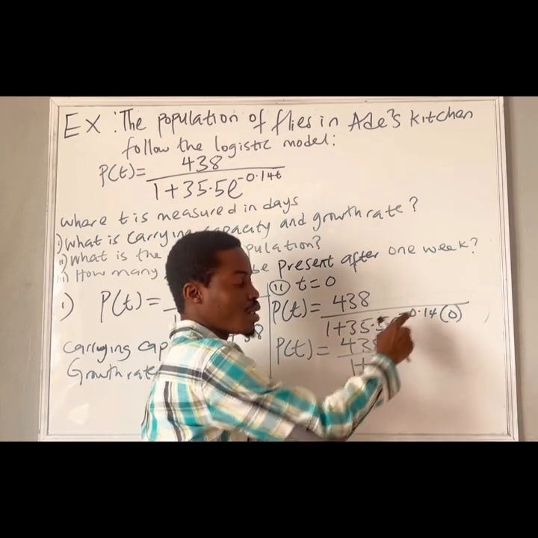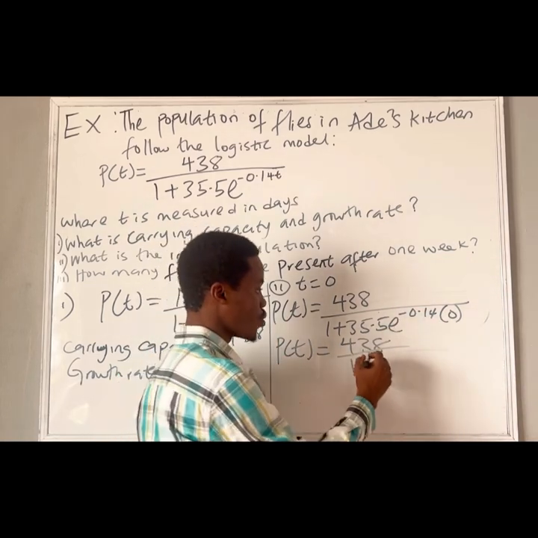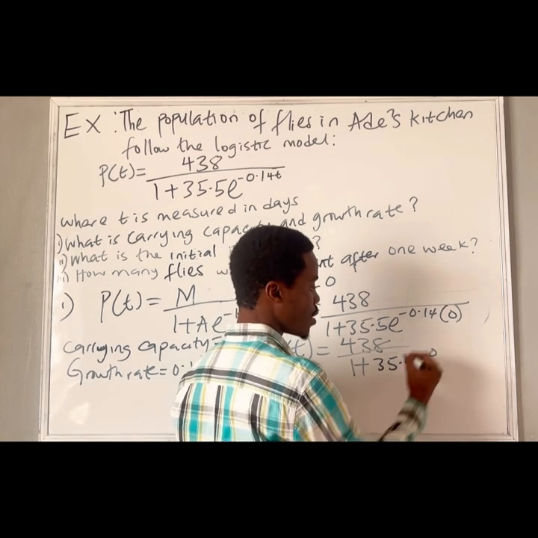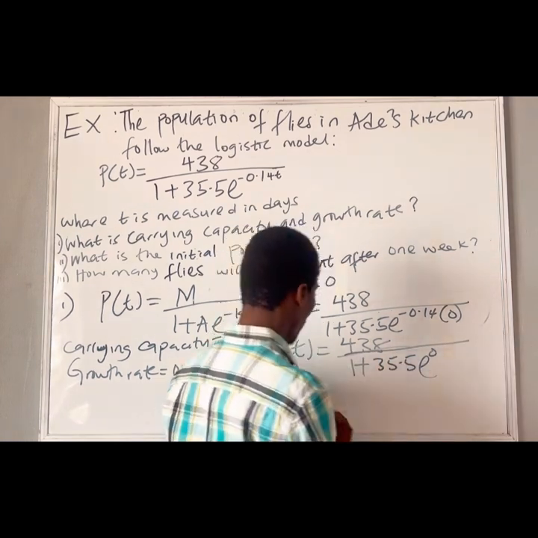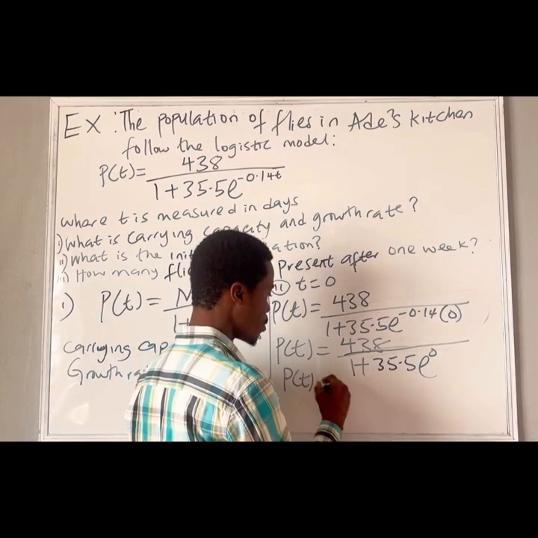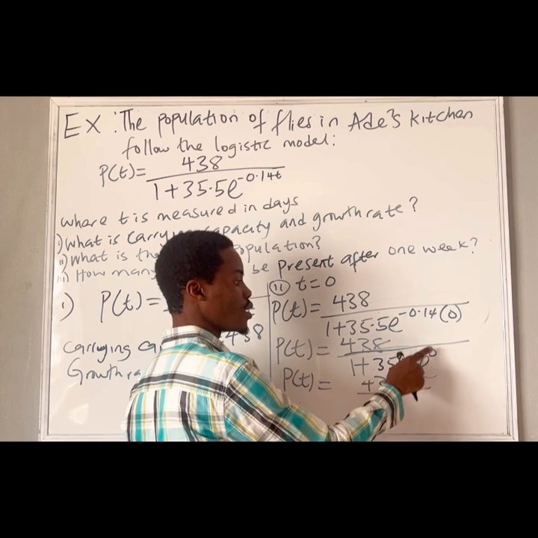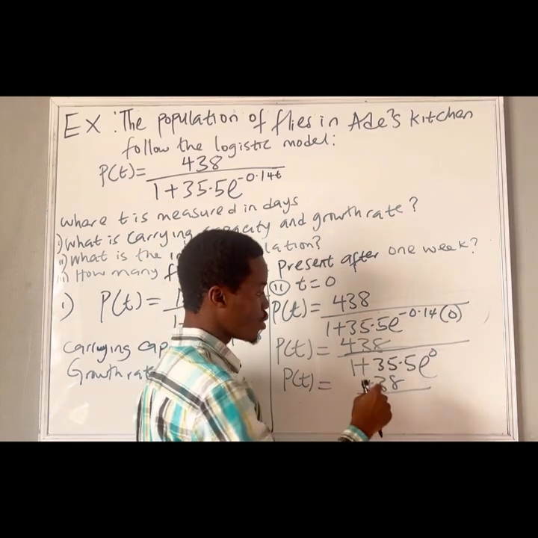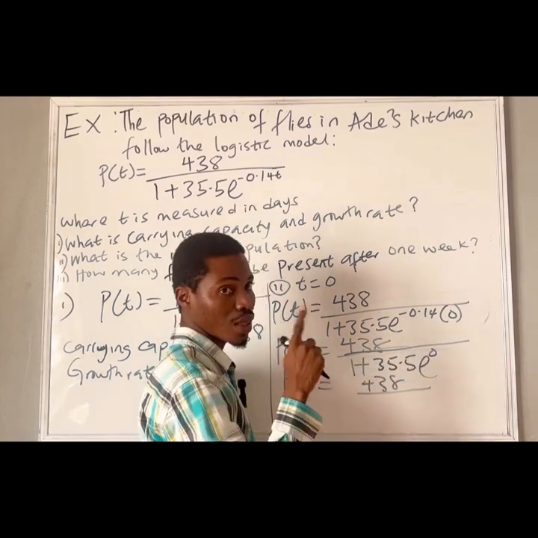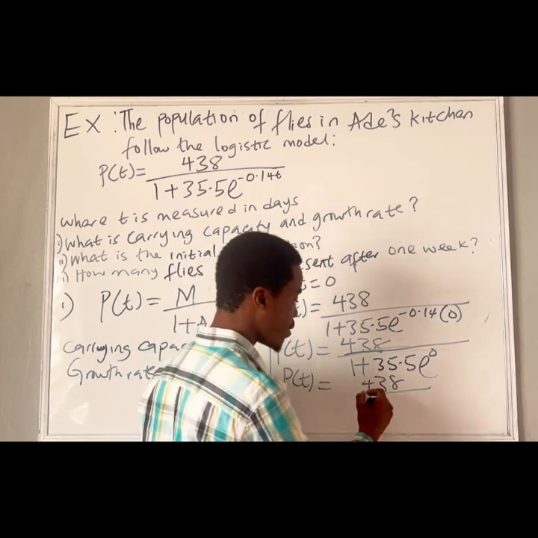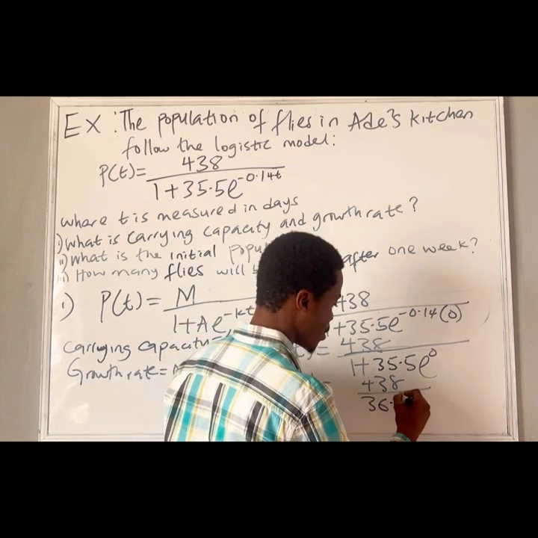If you multiply 0.140 by 0, we get 0. So we have 35.5 times e to the power 0. Anything raised to the power 0 gives 1, so 1 times 35.5 is 35.5. Then 1 plus 35.5 gives 36.5.